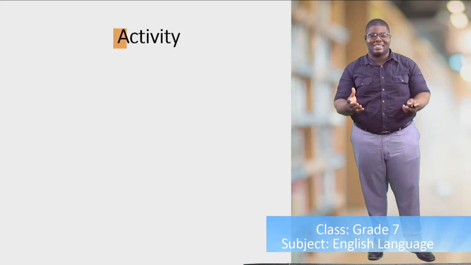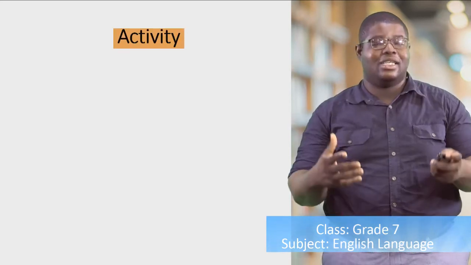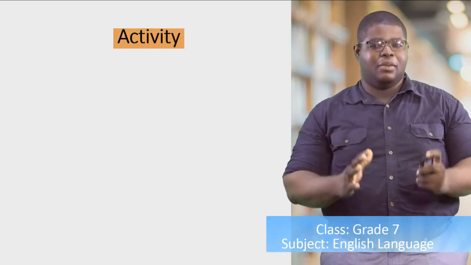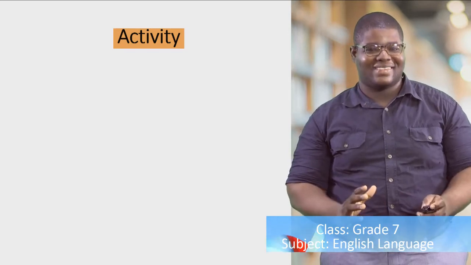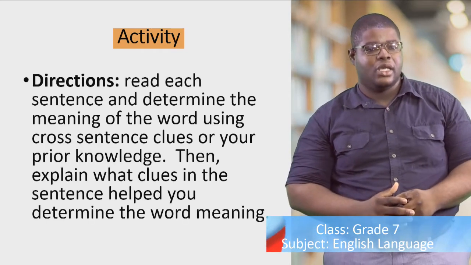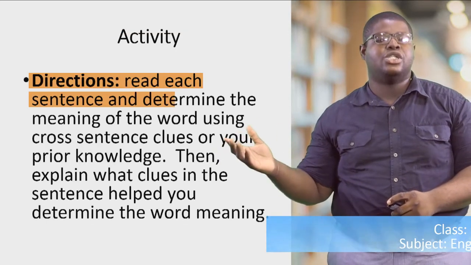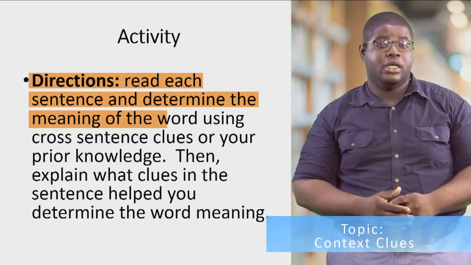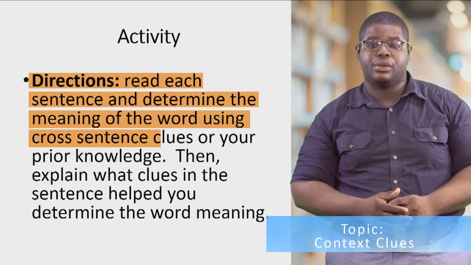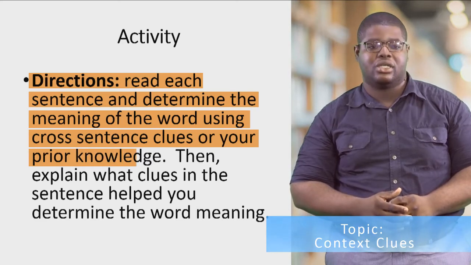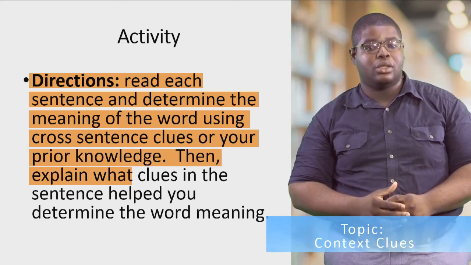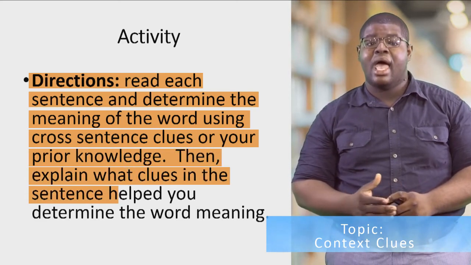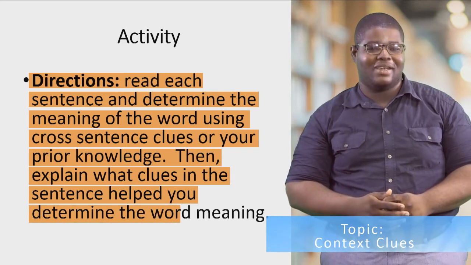Now let's go into an activity. Are you ready? Take a deep breath in and a deep breath out. Relax. Now let's get into it. Read each sentence and determine the meaning of the word using cross-sentence clues or your prior knowledge. Then explain what clues in the sentence helped you determine the word meaning.